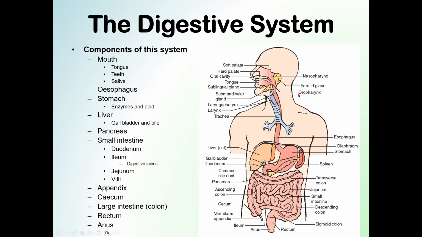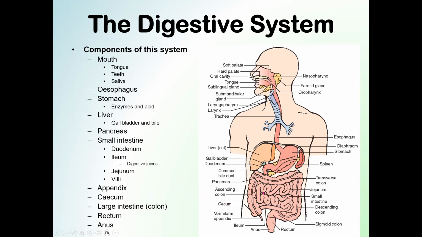If you look at the diagram here, we have the tongue, the teeth. The pink one behind is the esophagus. Here is the stomach. And we have the pancreas, the yellow bit at the back. Here's the liver. Behind the liver, or at the bottom, is the gallbladder. Then the small intestine, or the duodenum, is here.